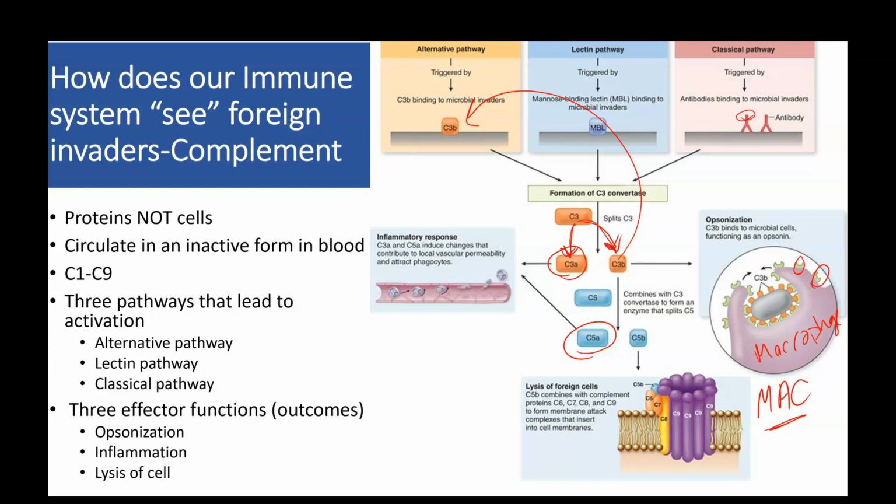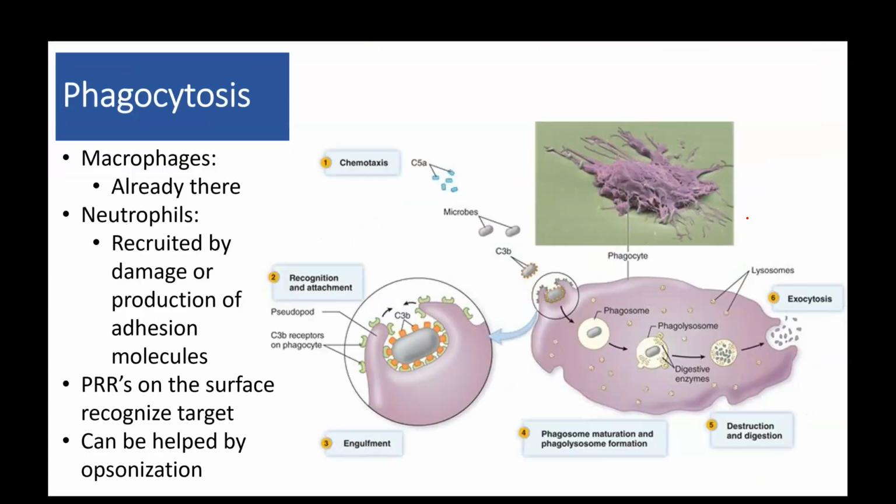So again, three pathways can activate complement. They all converge on formation of C3 convertase, and they have three different outcomes: inflammation, lysis, and opsonization. So let's talk about that opsonization in a little bit more detail. I've mentioned phagocytosis a bunch of times in this lecture, but what is phagocytosis?